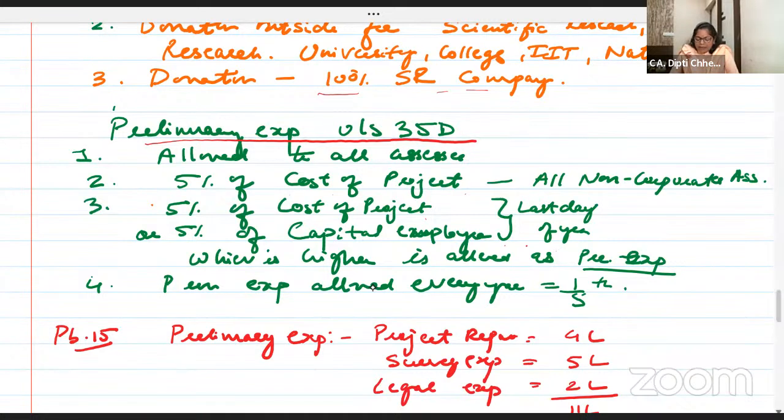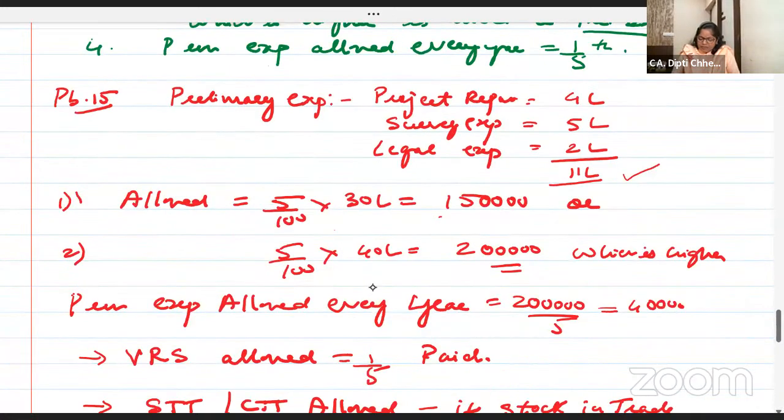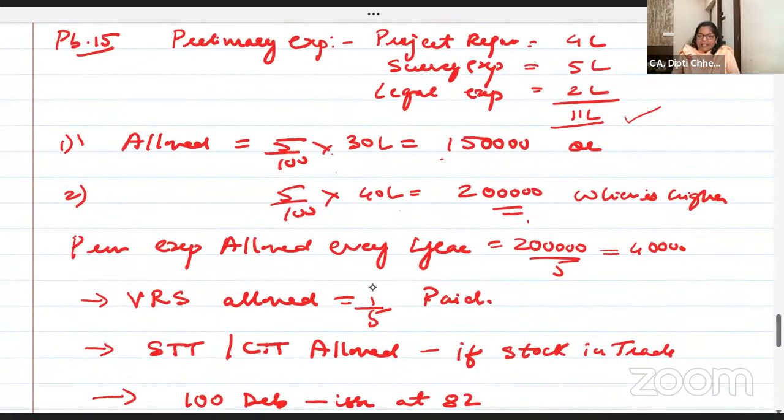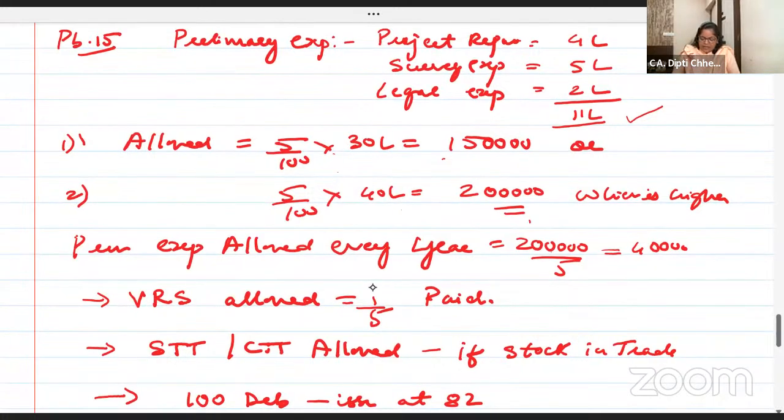Okay? Preliminary expenses. See, yesterday we have seen ki preliminary expenses 11 lakhs, but 5% of the capital employed and cost of project is 2 lakh. So only 2 lakh is allowed. That too 1/5 every year, 40,000. Okay? Right.